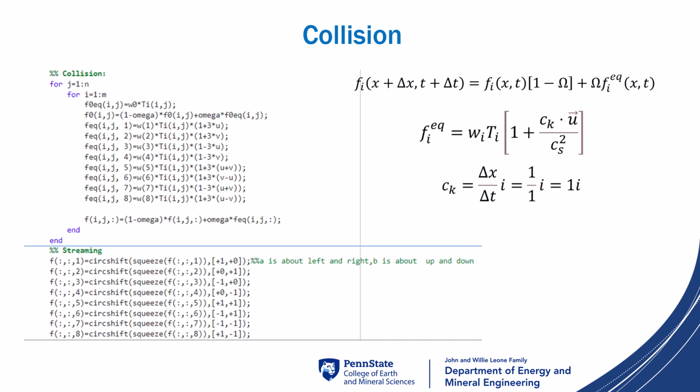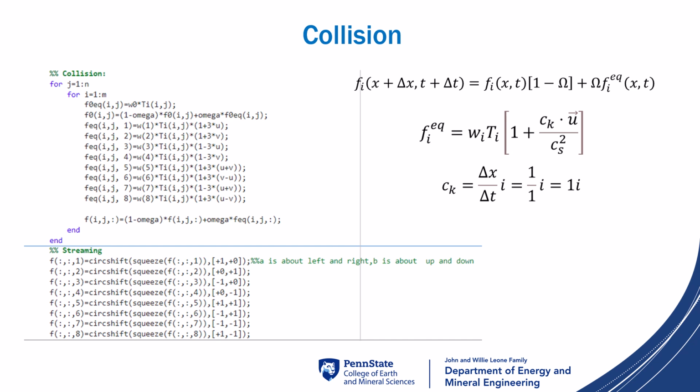Now let's look at the first key operation that powers LBM, collision. This step models local relaxation, meaning that at each grid point the distribution function gradually adjusts towards its equilibrium. The distribution function is written as Fi and its equilibrium counterpart is Fi^eq. The update rule for the collision step is a simple weighted average.